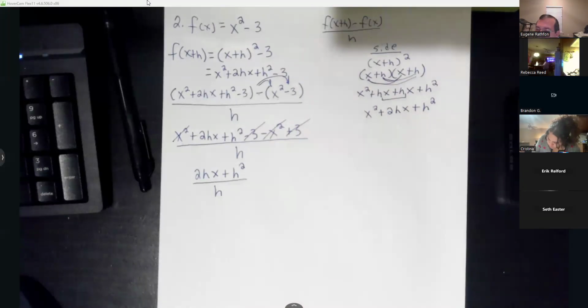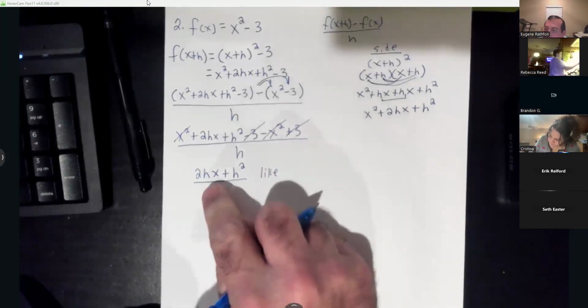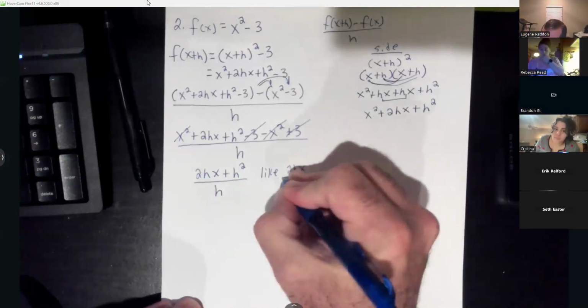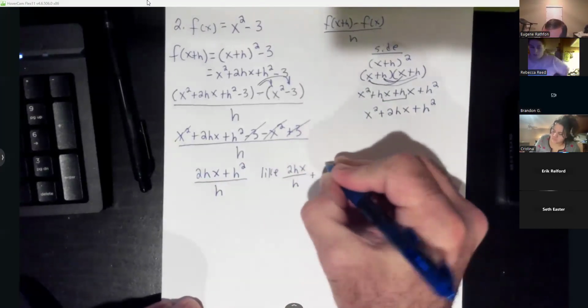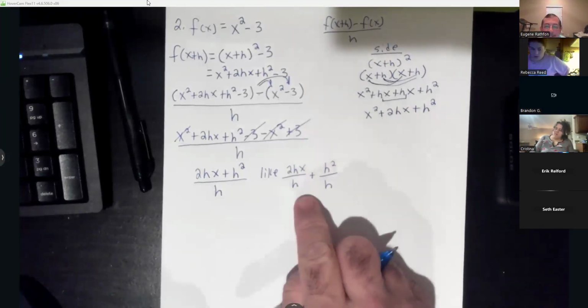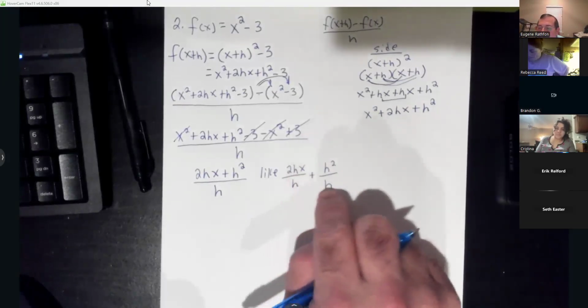So do y'all want to try to see what that final answer is going to give me? Now, to me, this is what I'm about to show you. 2hx over h plus h squared over h. Remember, I said you had to divide every term on top by that h.